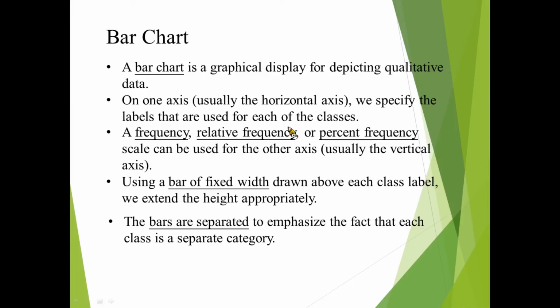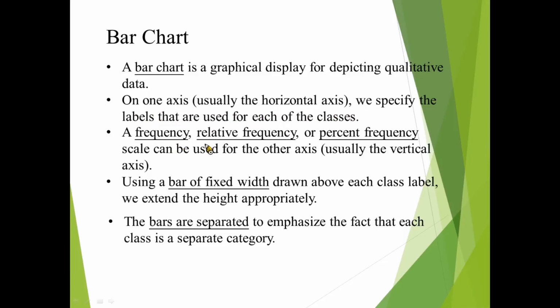And the bar chart. Later we will run this example in SPSS. A bar chart is a graphical display for depicting qualitative data. On one axis, the horizontal axis, we specify the labels used for each class.